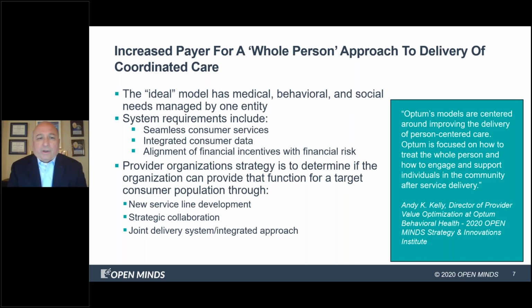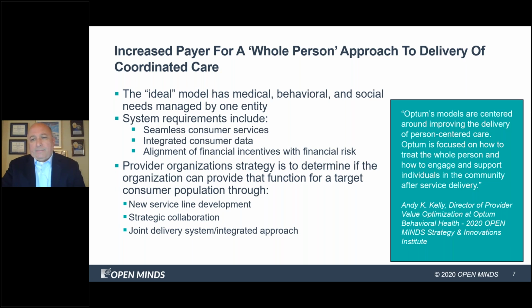Provider organizations, part of that strategy is to be able to figure out how to target these complex populations and develop these new models, whether it be through service line development, strategic collaborations with other providers to create a scale in that model to integrate, to coordinate services that address these issues, are all part of that.